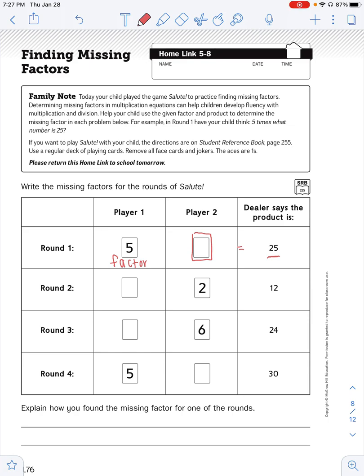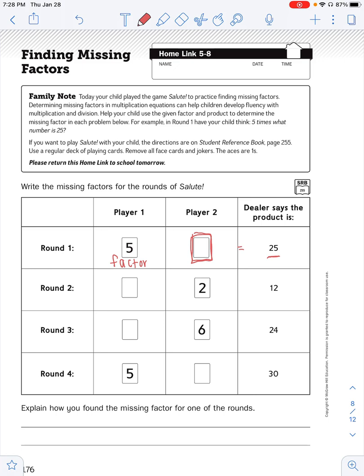And once you find out what that is, you're going to put it in the box right here. Now, you'll see that it says player 1, player 2, and dealer says the product is. That has to do with if we had 3 people to play the game with. I'm going to give that information on the Canvas page if you do have 2 other people that you can play with and you have your cards that we gave you.